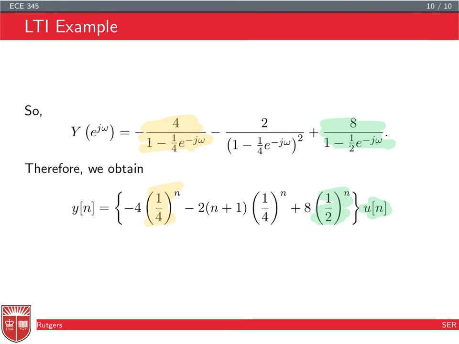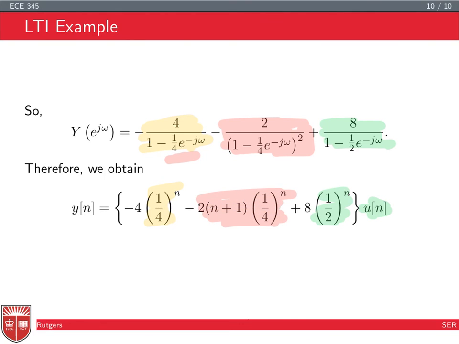Now what will take a little bit of time to figure out is this term here in red. It looks like the derivative of one of these terms, because it has a square here. And then you can apply the differentiation formula to get this value.